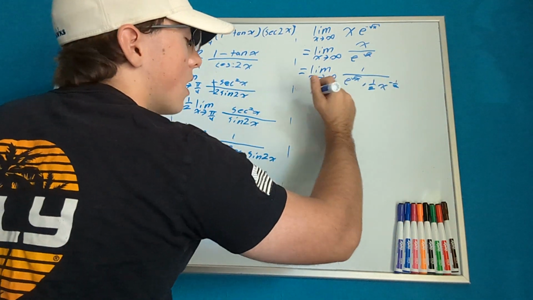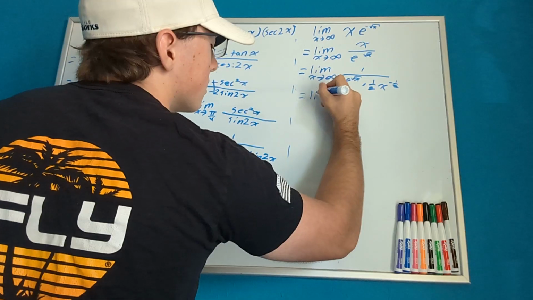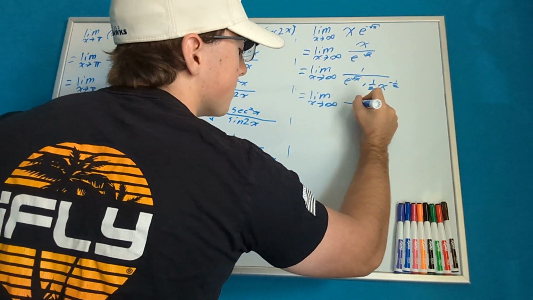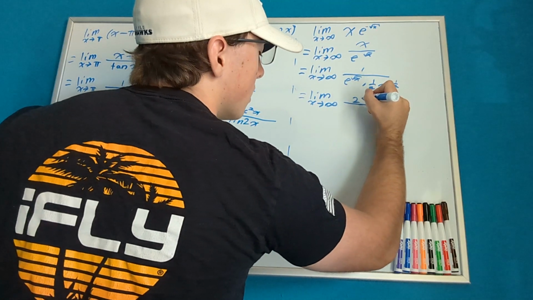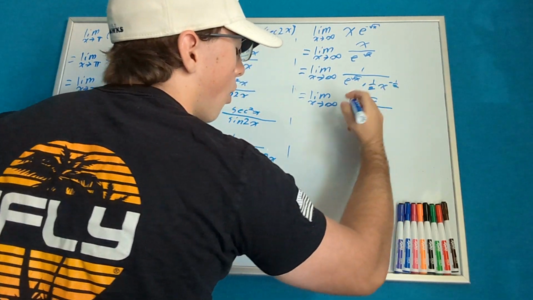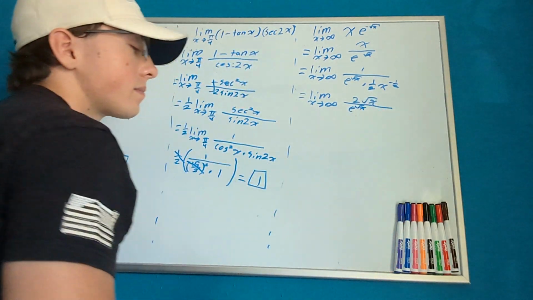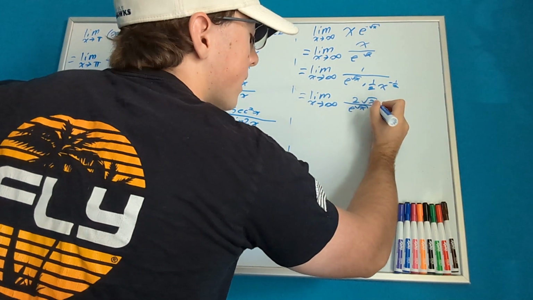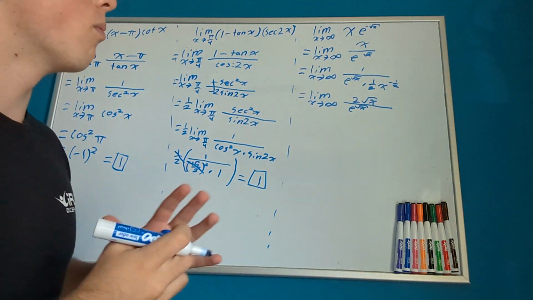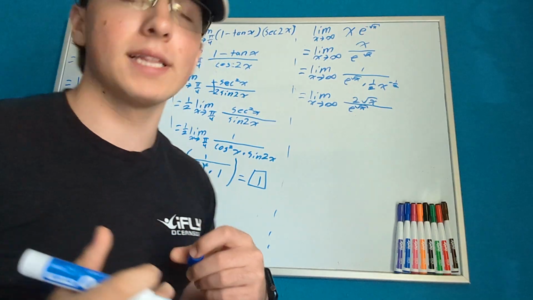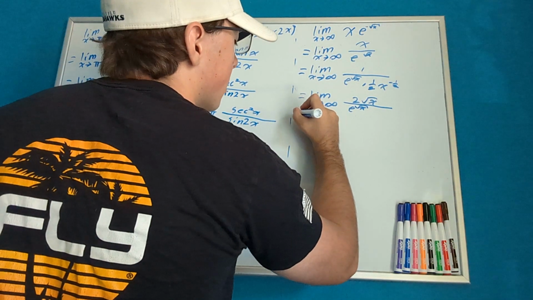And then we can bring all this up, and this will equal the limit as x approaches infinity of, this will become 2 square root of x over e to the square root of x, right? So then, now that we're here, what can we do? Well, let's think about this. We can apply L'Hopital's again, and there will be light at the end of the tunnel. We will not just continue to expand.